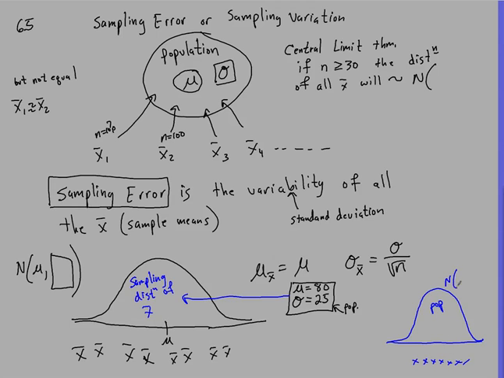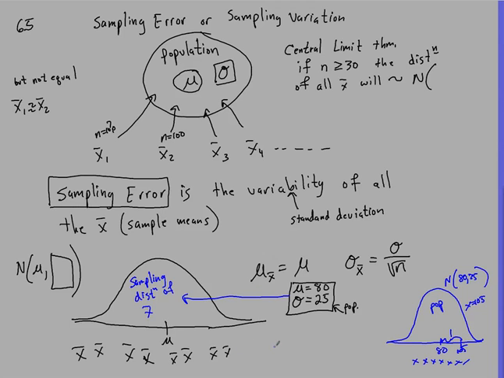So this is normal with 80 and 25. Any given person could vary a lot from 80. It wouldn't be out of the ordinary. Let's say somebody gets a 105. That's not that out of the ordinary because it's only one standard deviation away.